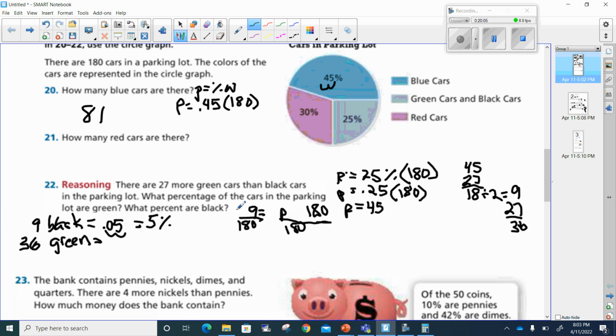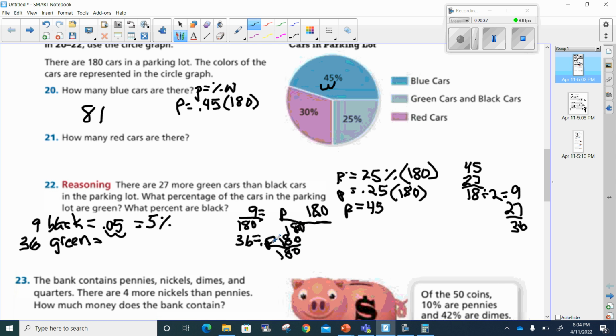But instead of 9, we're going to have 36 is equal to the part times 180. Oops, sorry about that. Which means we divide by 180 again.